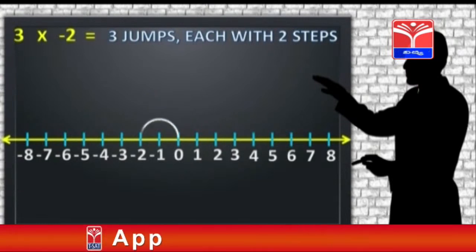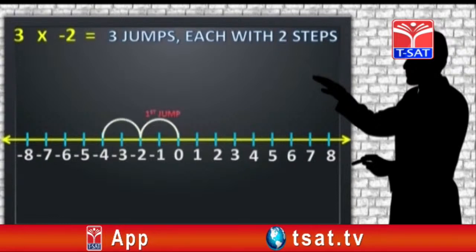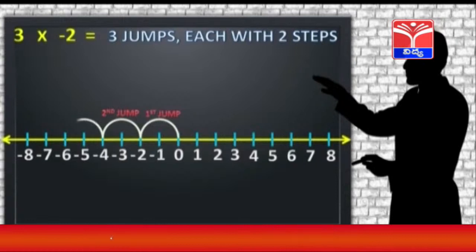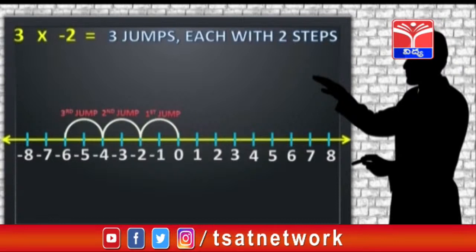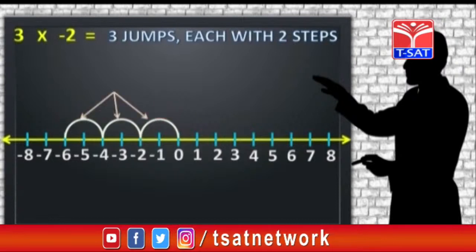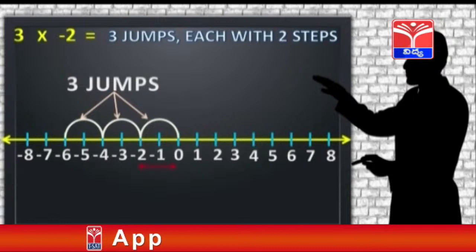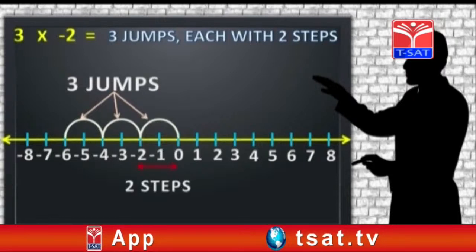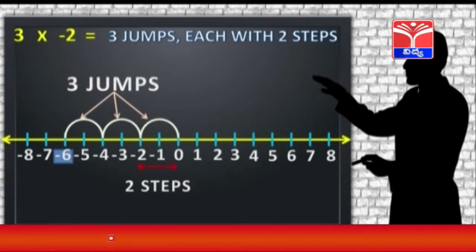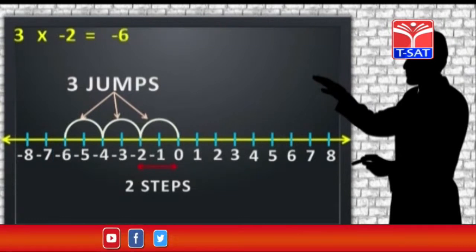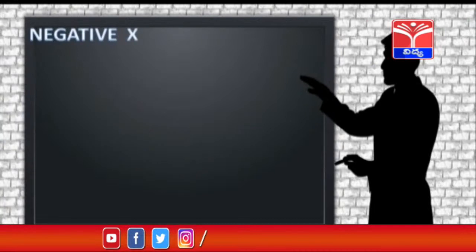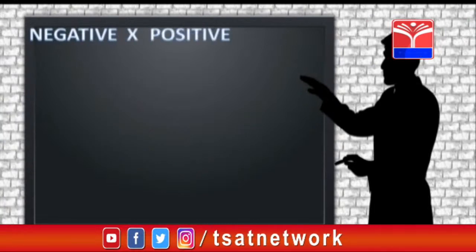This is the first jump, and this is the second jump, and this is the third jump. In the question, it is clear that we have to make 3 jumps, and each jump contains 2 steps, and finally we reach the digit -6, and so the answer of this product is -6.